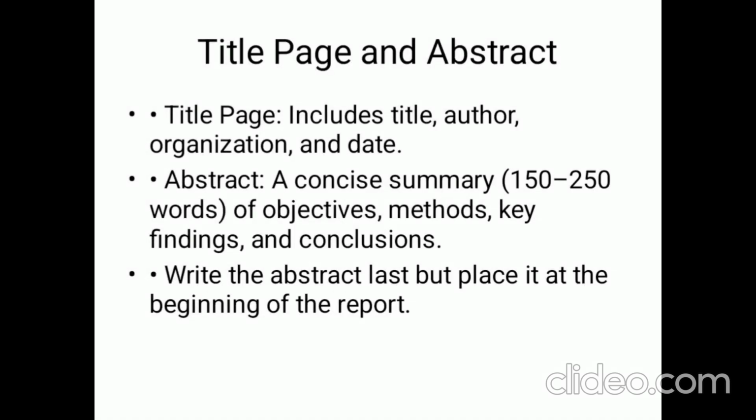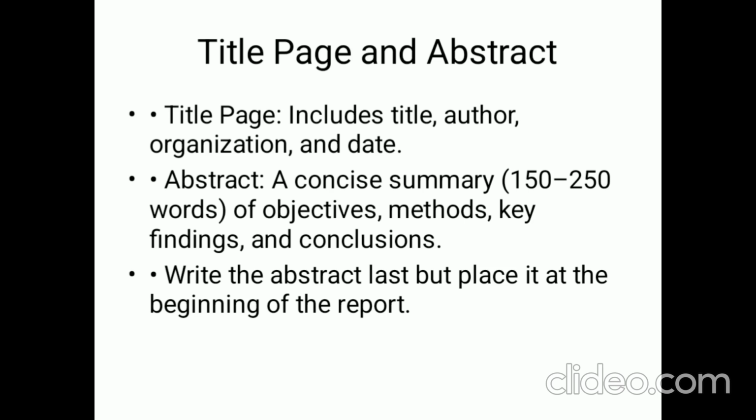Now let us begin with the title page and abstract. The title page includes the report title, author's name, organization or institution, and the date of submission. Next comes the abstract.